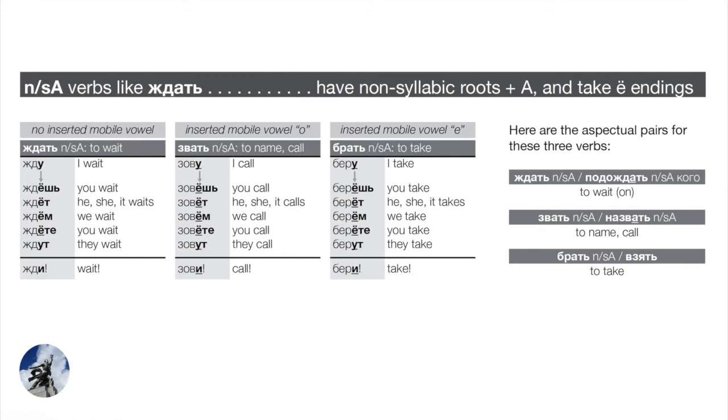Well, first of all, брать, взять, you can see that we have an instance of suppletion there. The bra looks very different from the взять. They really look like they don't even belong together in a certain sense. On top of that, брать is a rather tricky verb type, an NSA verb that we just learned: беру, берешь, and so forth.